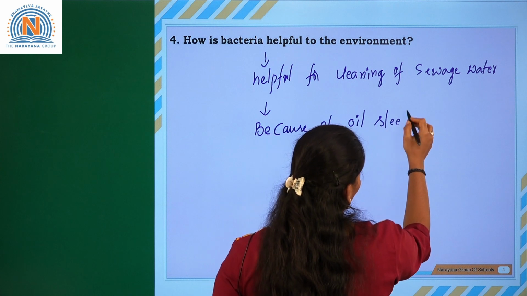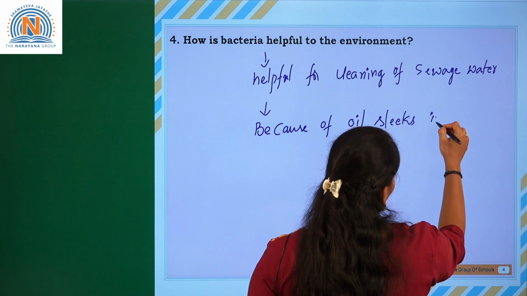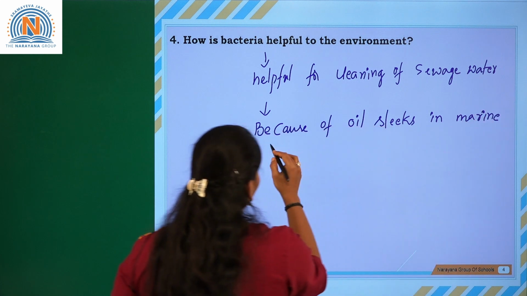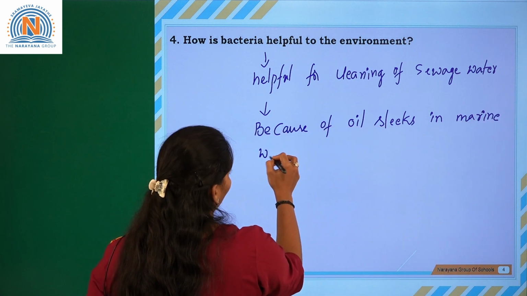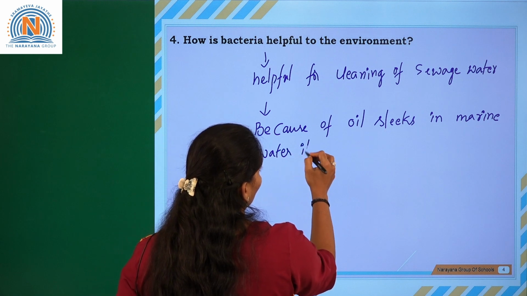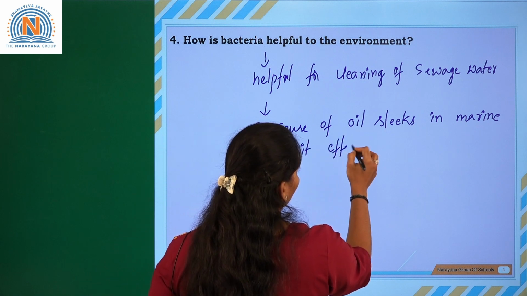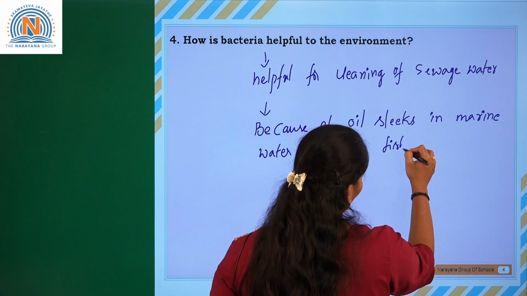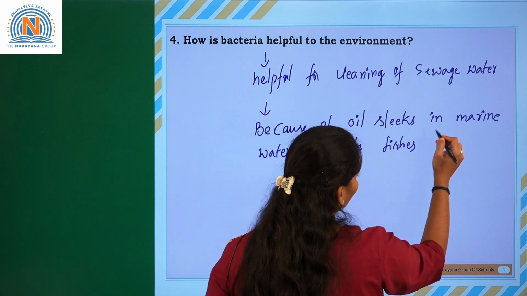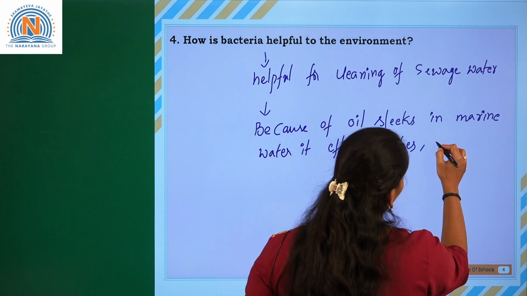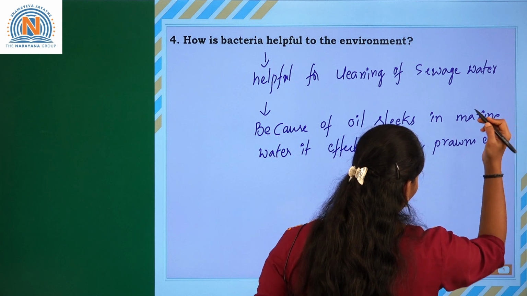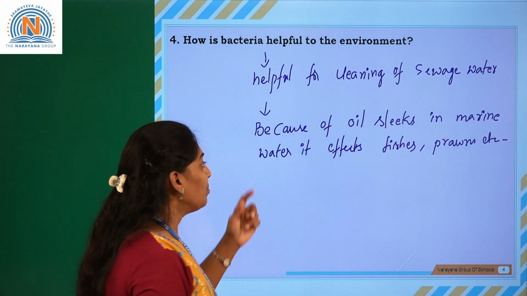Oil leaks in the marine ecosystem, marine habitat, marine water, affect all the fishes, prawns and whatever organisms are present in the marine water.